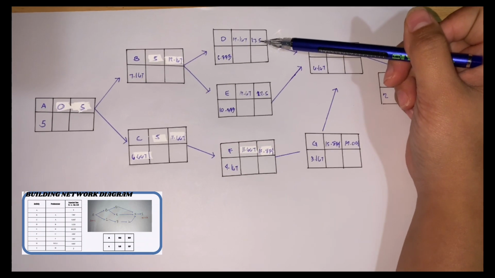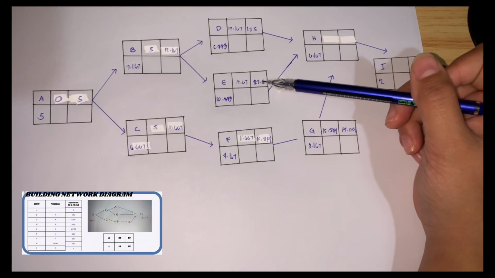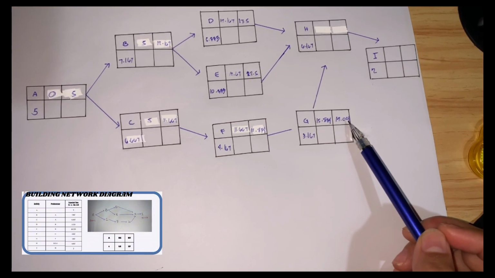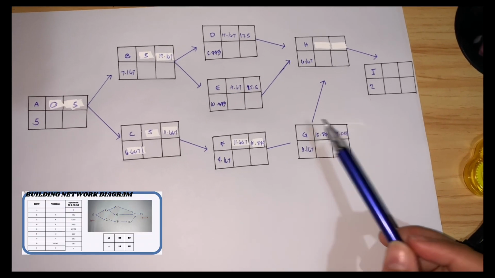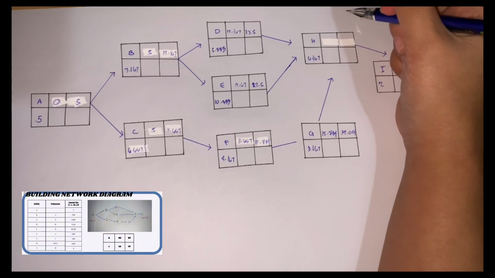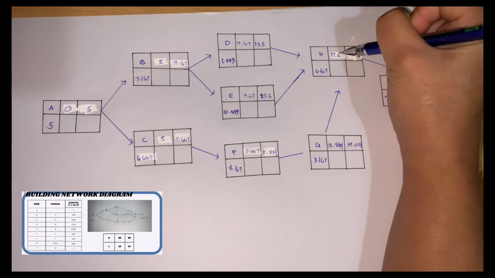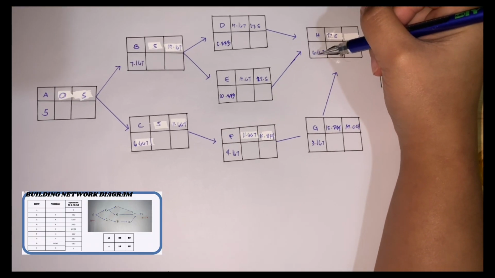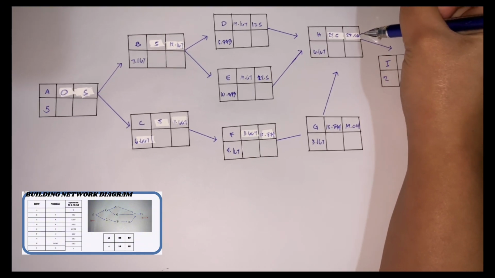And then for H, since D has an EF of 17.5, E has 22.5, and G has an EF of 19.001, since we take the highest, the ES of H is equal to 22.5. So 22.5 plus the expected time of H is equal to 28.667.